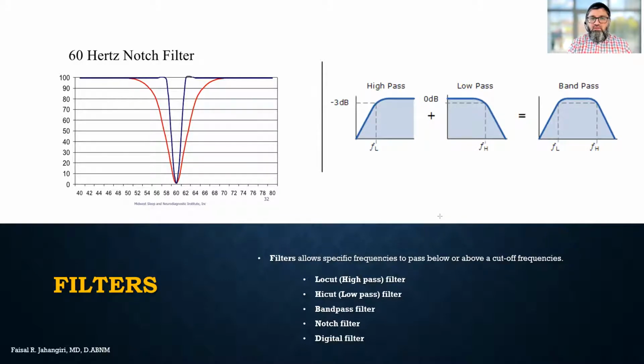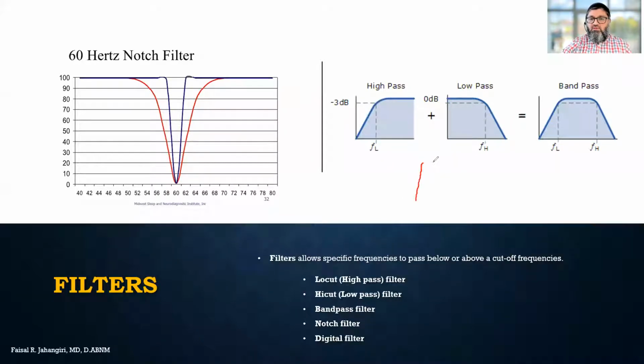There are two factors which prevent us from using a notch filter in every single case. One is called phase shift, and the second is the ringing effect. Phase shift means the phase of the signal is delayed.